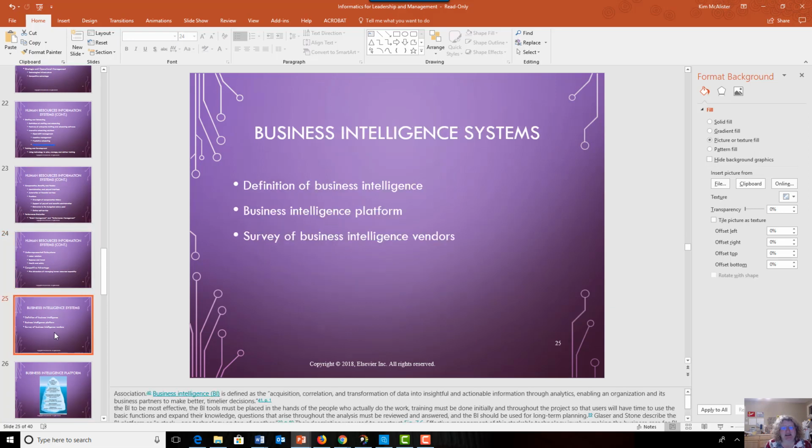Your business intelligence systems, this is how you acquire and manage and transform data. In other words, the raw data that's being collected into something that everyone can use. So this is where all the numbers get crunched, and then we find out, okay, from this information we know how many people to staff, or we can project what our earnings are going to be this quarter.